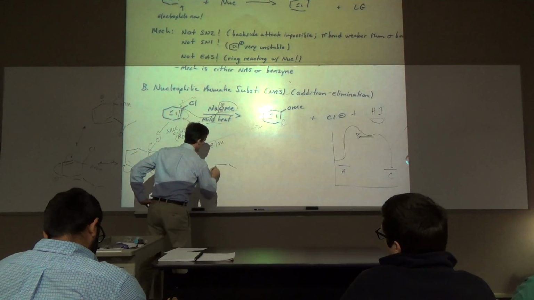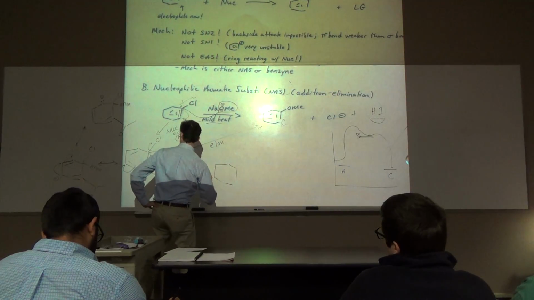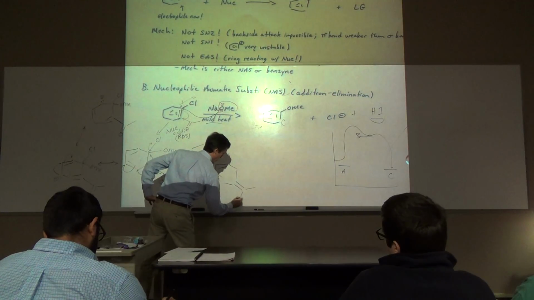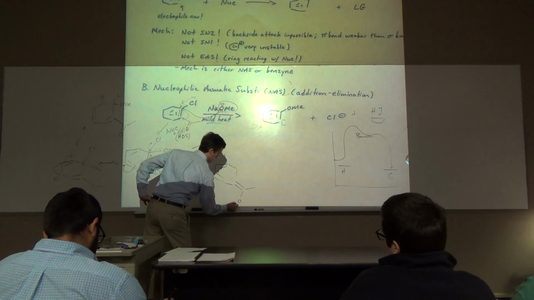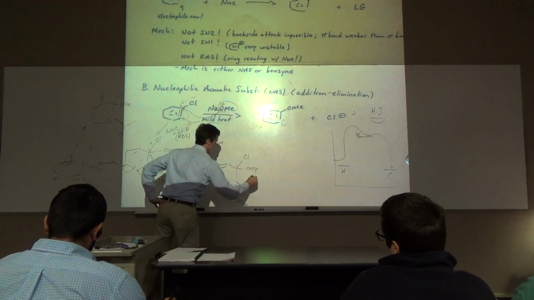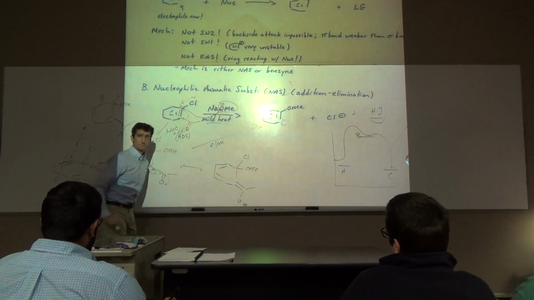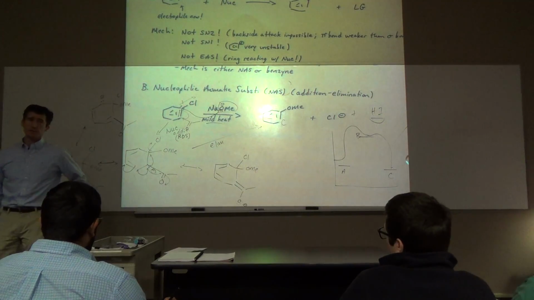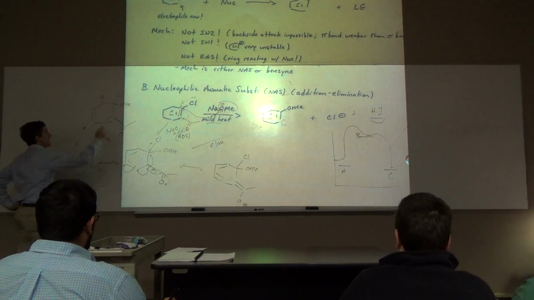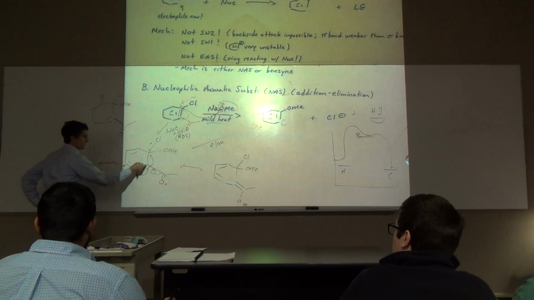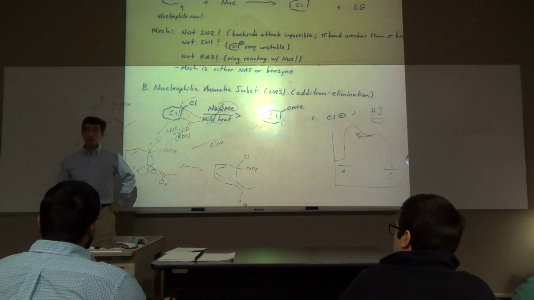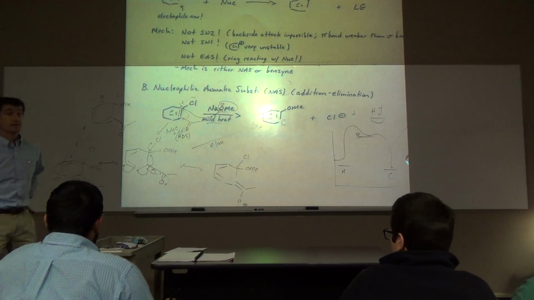Presence of that group gives you an additional resonance structure that looks like what? Looks like that. Not only is it an additional resonance structure, where are we now putting the anion? Carbon, carbon, carbon. Now with this group we're able to put it on oxygen, and that is so much better.